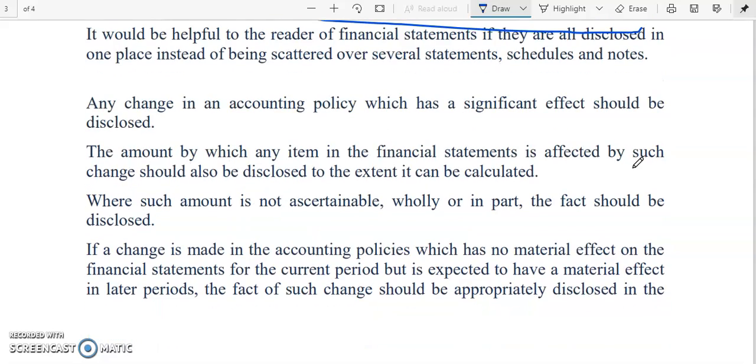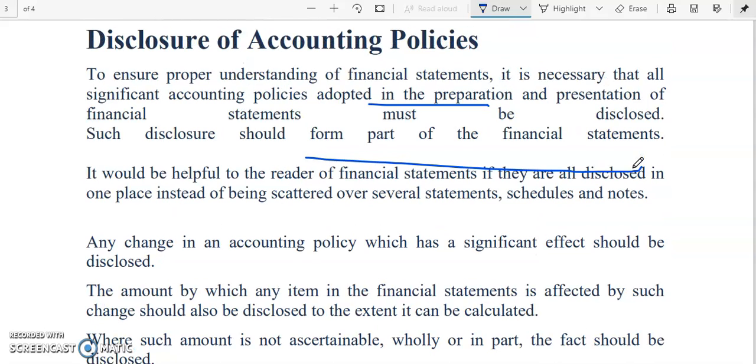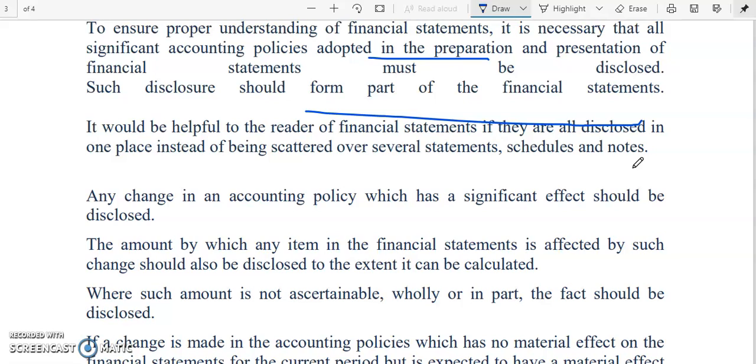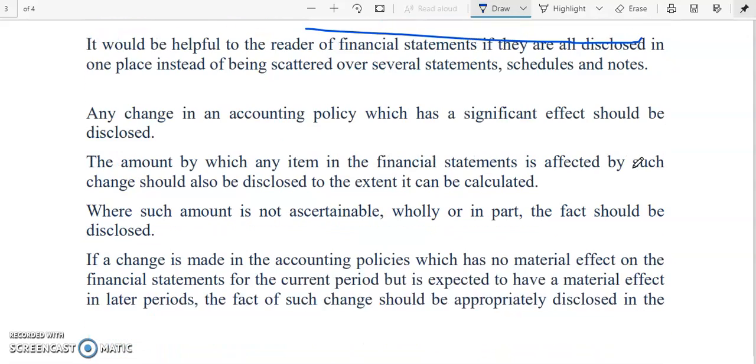So it is compulsory for an organization to disclose all the accounting policies adopted. Further, for better understanding, such policies should be disclosed at one place and not scattered page by page. So all the accounting policies should be disclosed at one place.